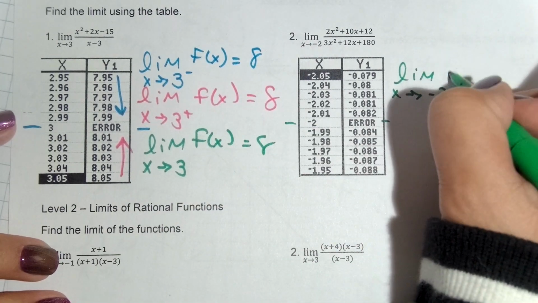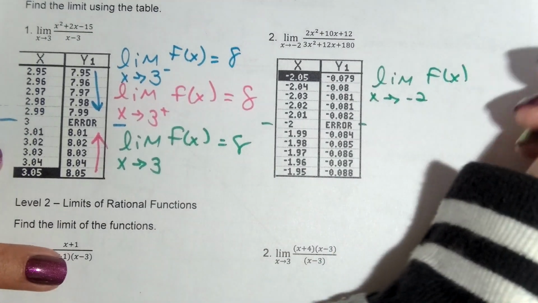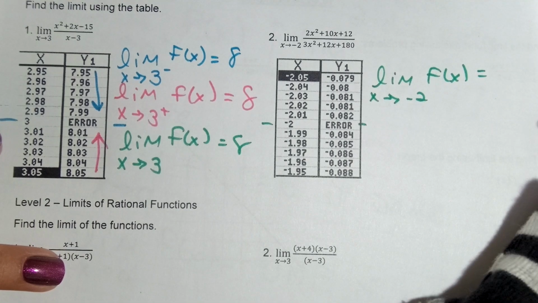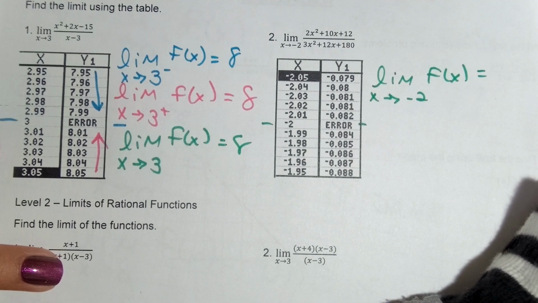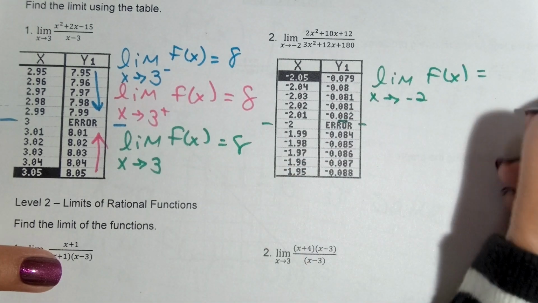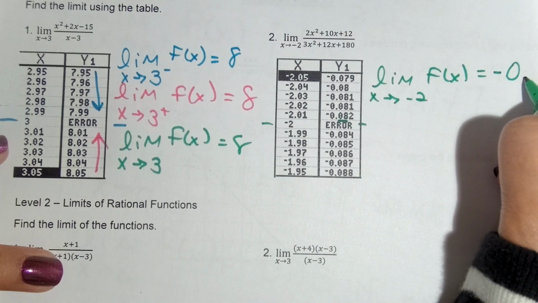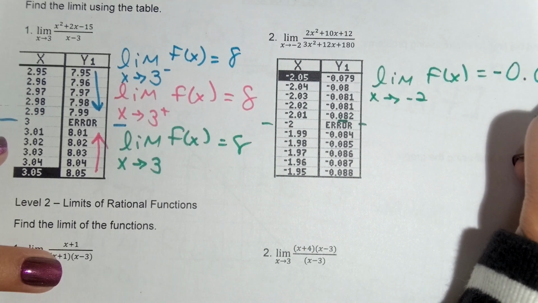-2. What is that going to be equal to? And this is where students got it wrong in last class. Not 0. Remember, it's 2 decimal places. So we're rounding to 2 decimal places. What's that going to be? -0.08.